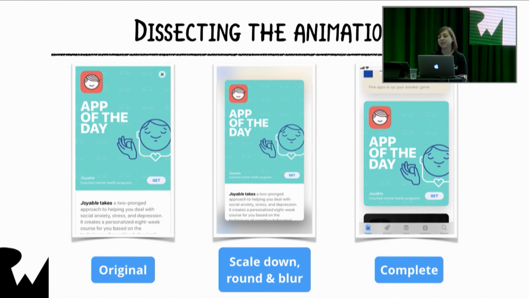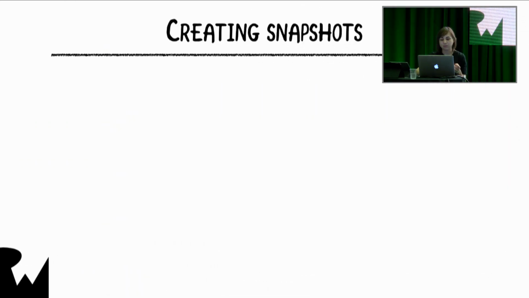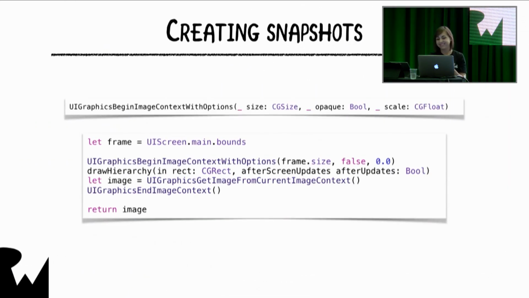But let's imagine that you can create an image from the current screen and just animate that image. And then things become a lot easier. So let's now learn how to make a snapshot. All right, so creating a UIImage from the current screen is actually pretty simple.